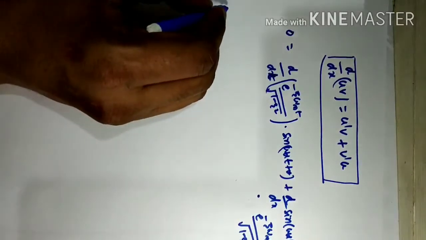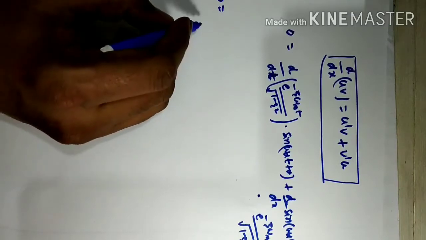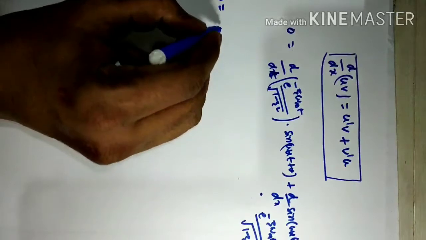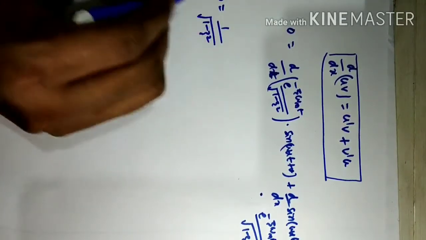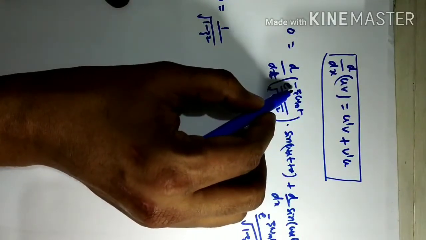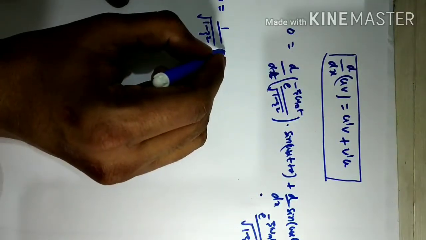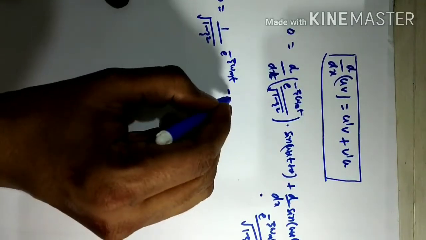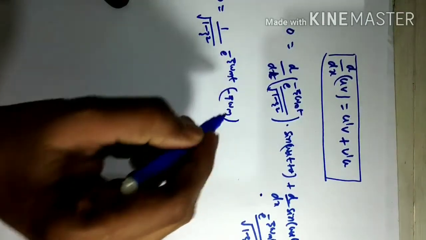So then next, when you differentiate this, this is 1 minus zeta square, right? When you differentiate e raised to minus zeta omega n t, you will get minus zeta omega n, okay.